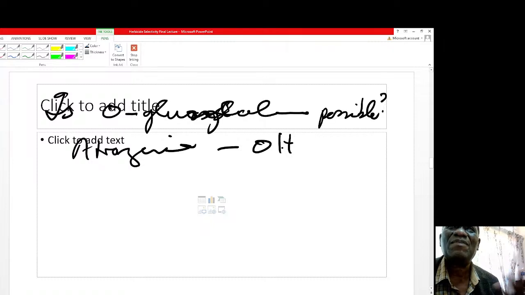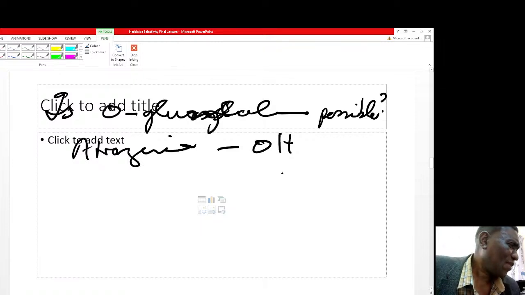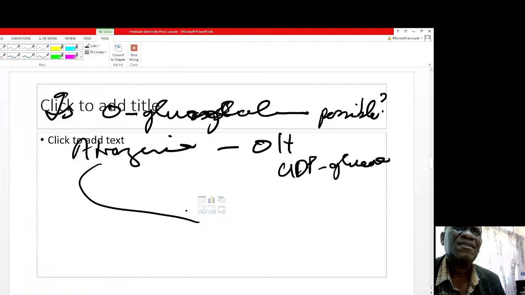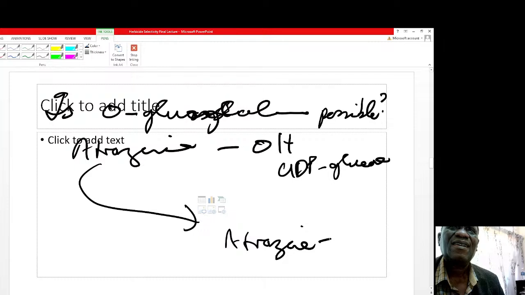There could also be a possibility that UDP glucose could act upon it. So we are likely to get atrazine O-glucose.